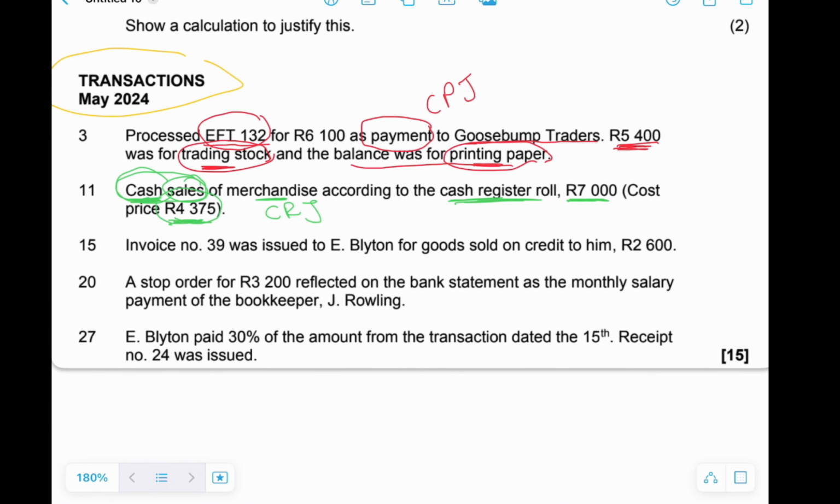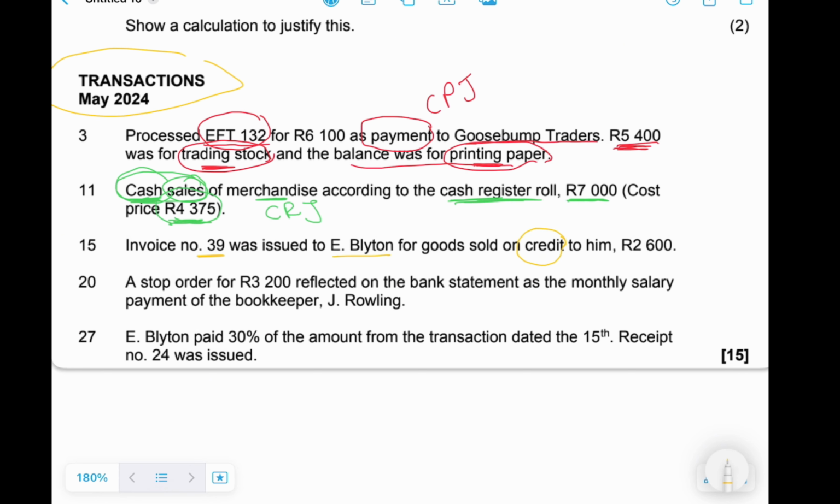It says on the 15th, invoice number 39 was issued to E. Blyton for goods sold on credit to him, 2,600. So the invoice number was 39, and we issued it to E. Blyton, meaning that E. Blyton is the name of the debtor, since we sold these goods on credit to him.